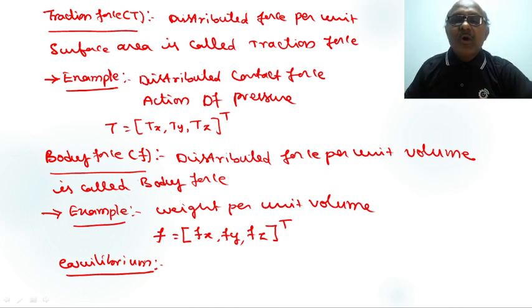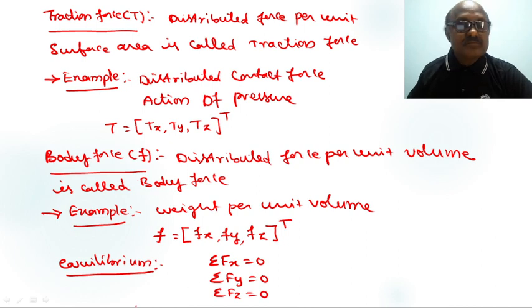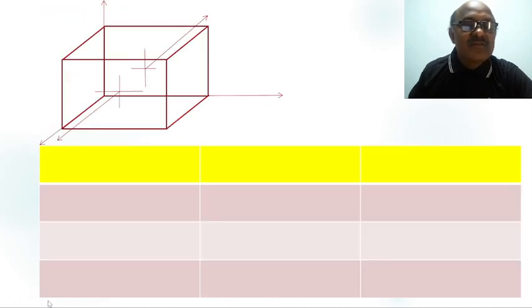At that time, the body is said to be in equilibrium condition. So, that is sigma Fx equals 0, sigma Fy equals 0, sigma Fz equals 0. All of it clear, my dear students?